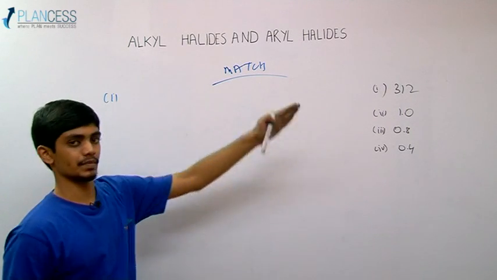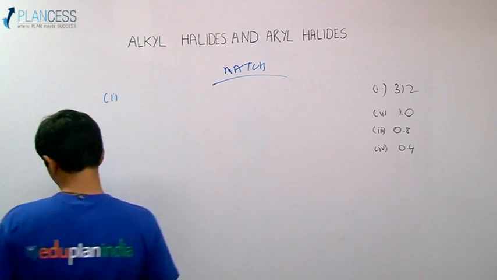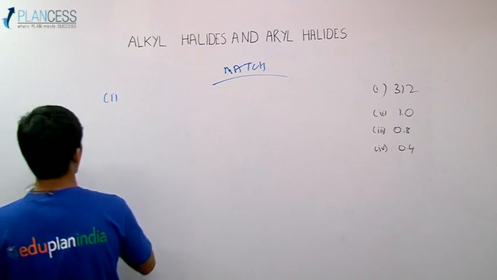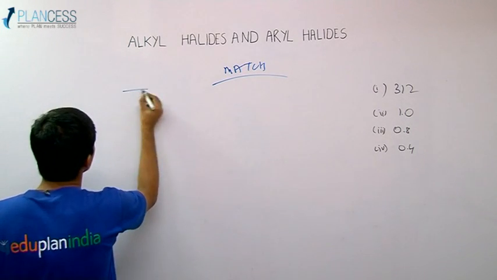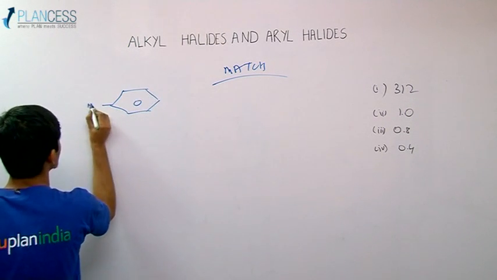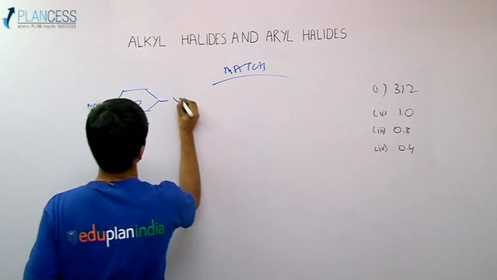You have to match one by one. The questions are: if we consider this molecule, a benzene ring with NO2 and X over here.